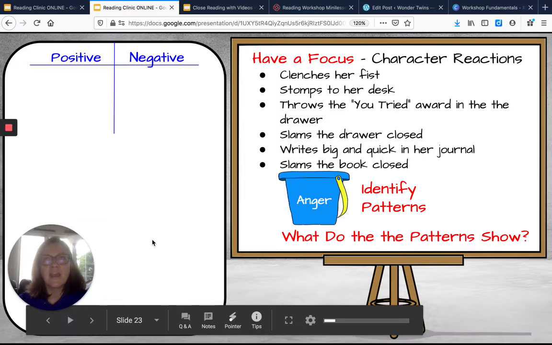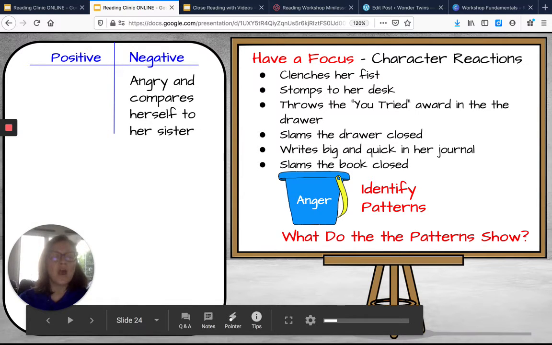Sometimes when I am pushing myself for what do the patterns show, I look at the positive and the negative. So this reaction was a very negative one because anger can be a negative reaction, right? And so I noticed that it's negative because she's angry and she's comparing herself to somebody else. In this case, she's comparing herself to her sister, and that is negative.